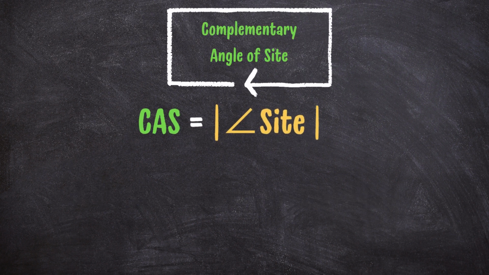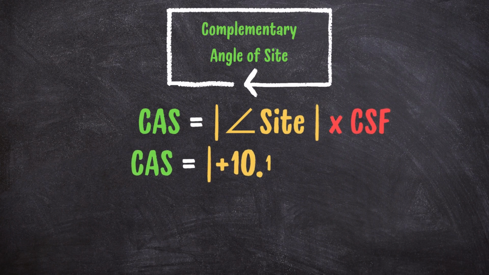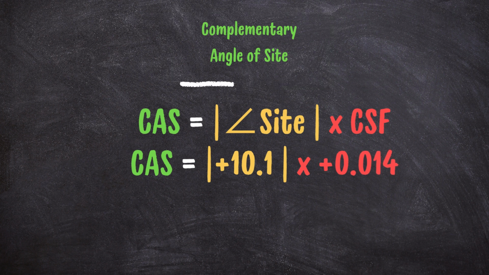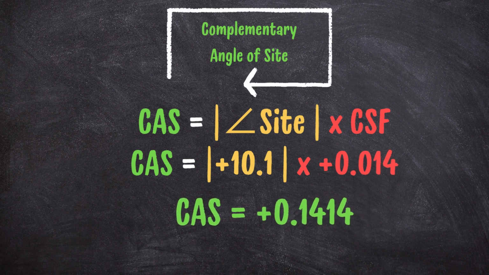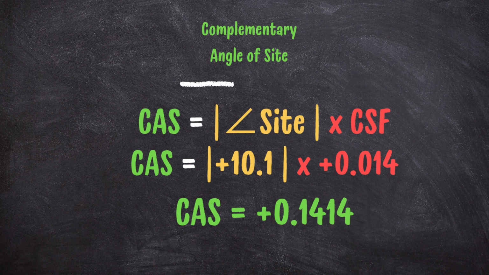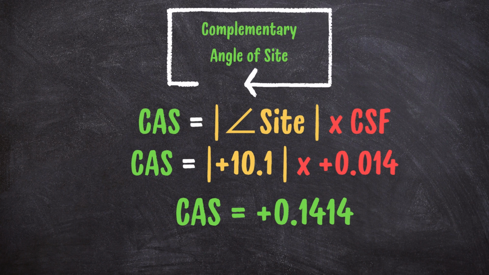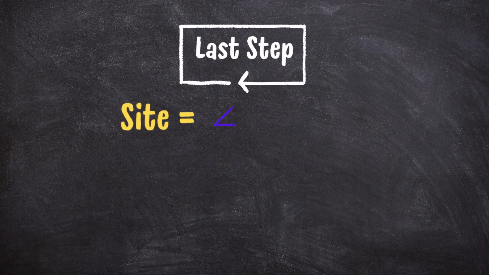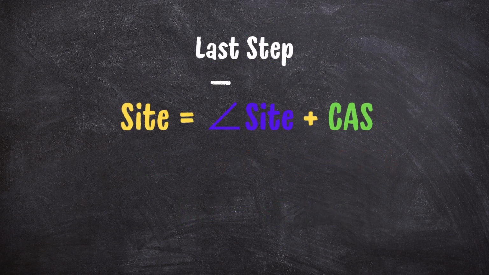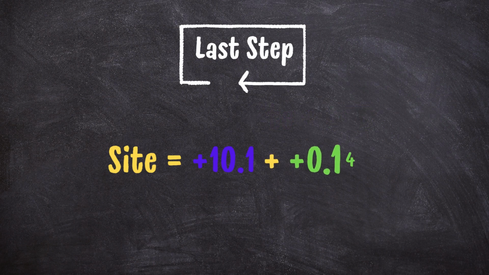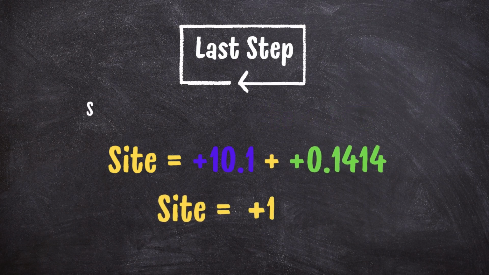Continuing with our example, complementary angle of sight is equal to the absolute value of angle sight, or positive 10.1, multiplied by comp sight factor, or positive 0.014. This gives us complementary angle of sight equal to positive 0.1414. Now for the last step. Remember from the beginning, sight is equal to angle sight plus complementary angle of sight.